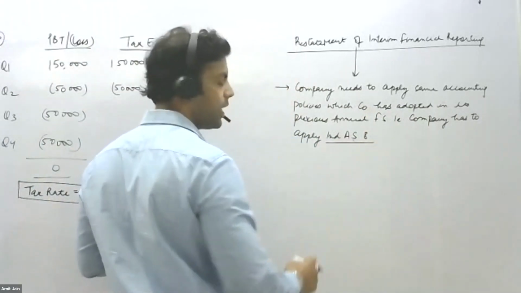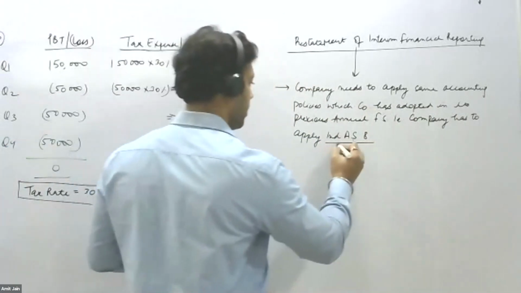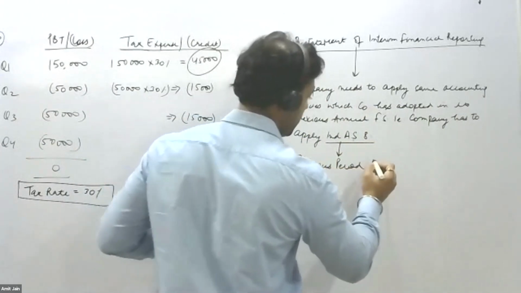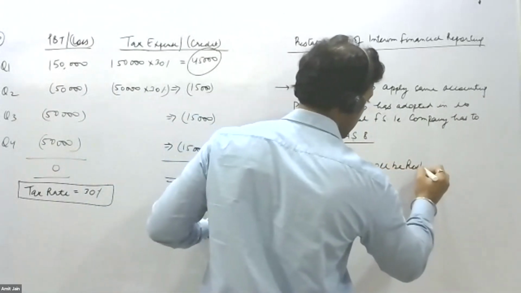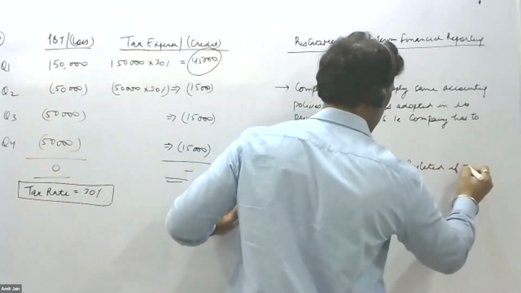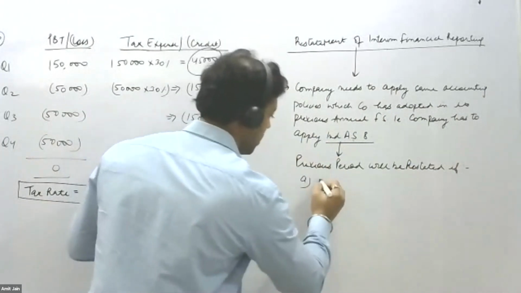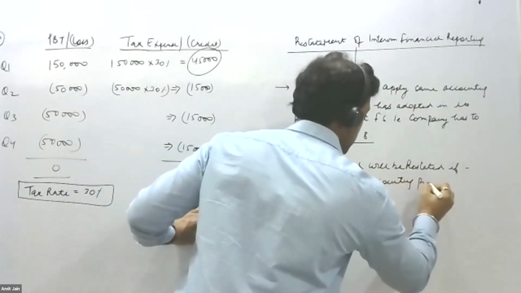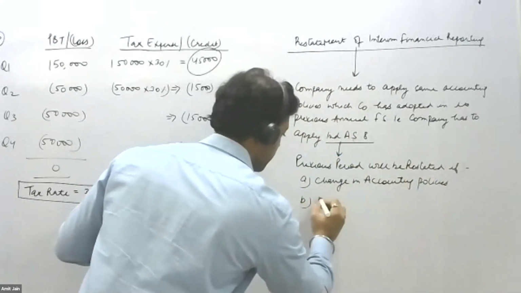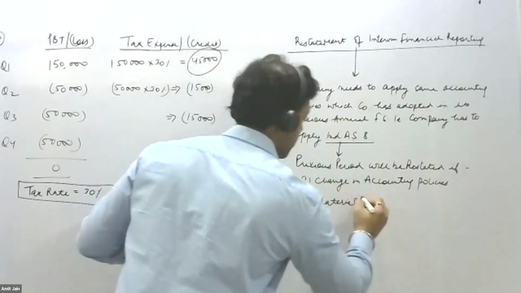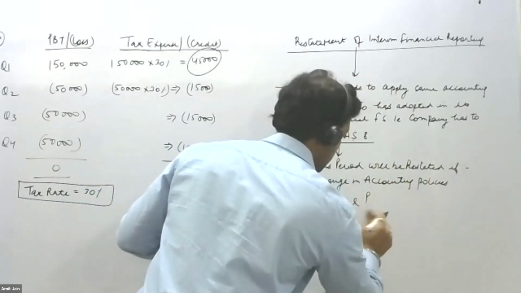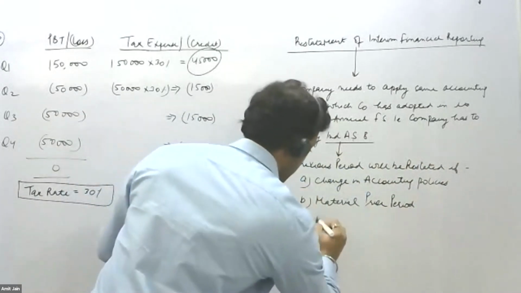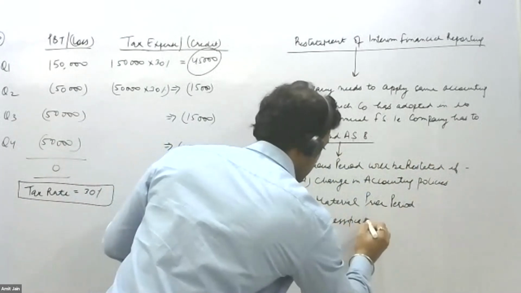Ind AS 8 says that the previous period will be restated if A, a change in accounting policies, B, material prior period item, and C, reclassification, right?